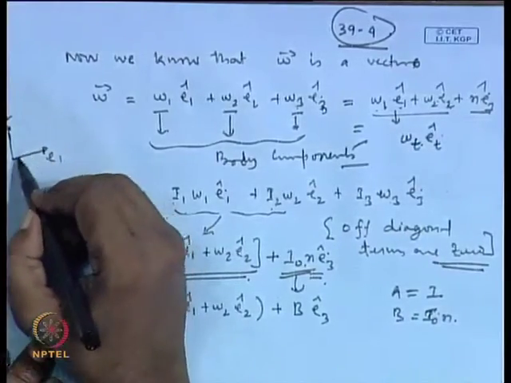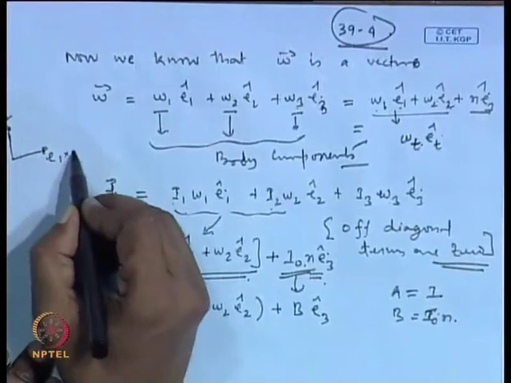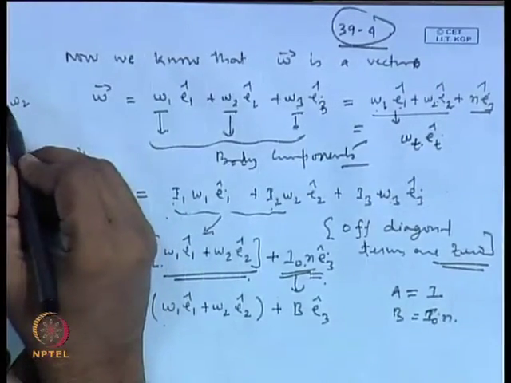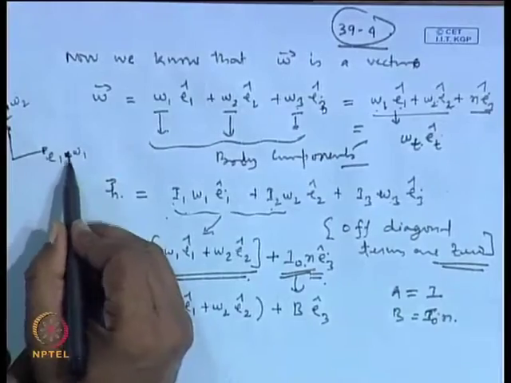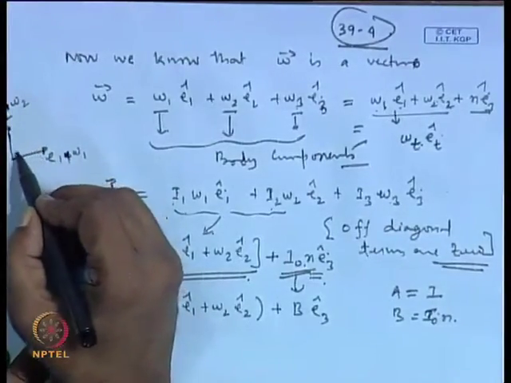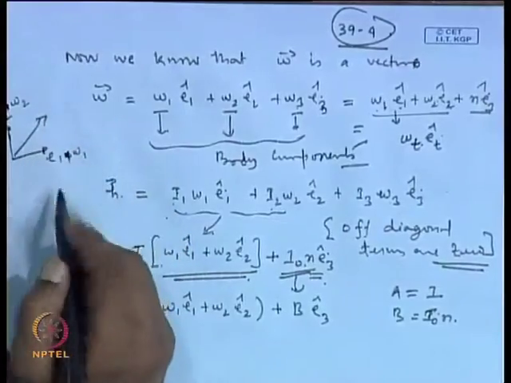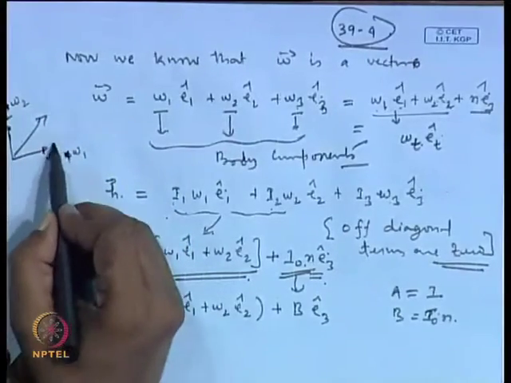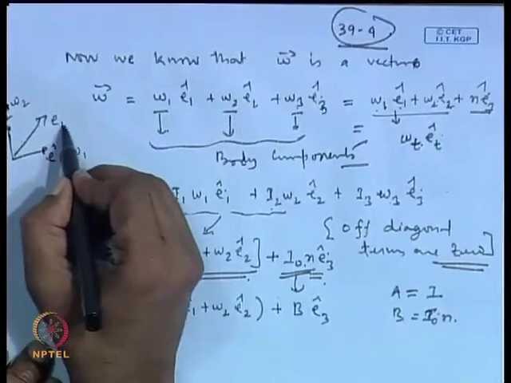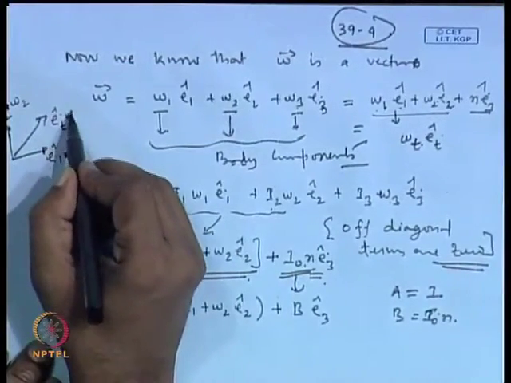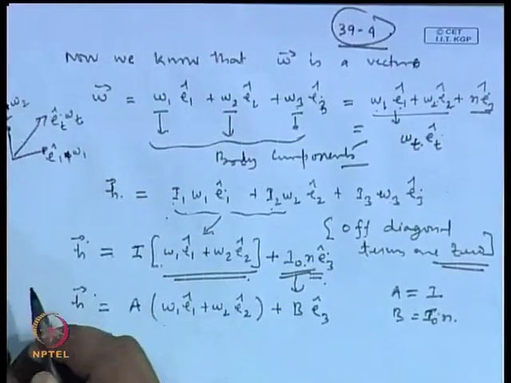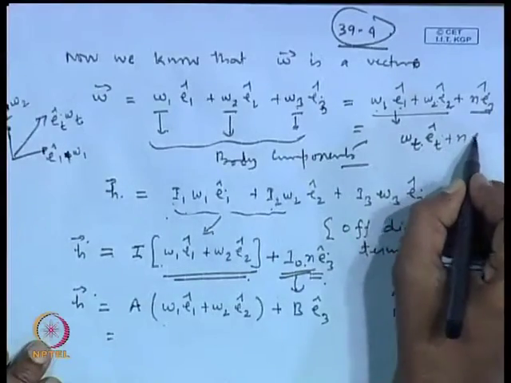This is multiplied by omega 1 and by omega 2, not the cross product, these are not cross products here. So, the resulting vector will be in the same plane where E 1 and E 2 are. So, this vector we can write as omega t times E t cap, where omega t is the magnitude of this vector and E t indicates its direction. So, this becomes n times E 3 cap.